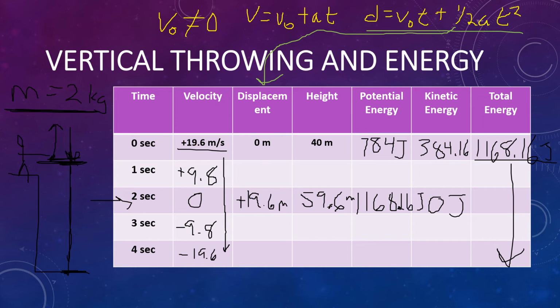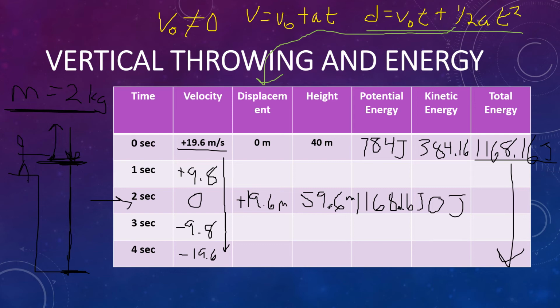So I'm going to plug in, we're looking for displacement. The initial velocity is 19.6 times 1 second plus 1/2 times negative 9.8 times 1 squared. By the way, you have to use negative 9.8 in the kinematic equations.